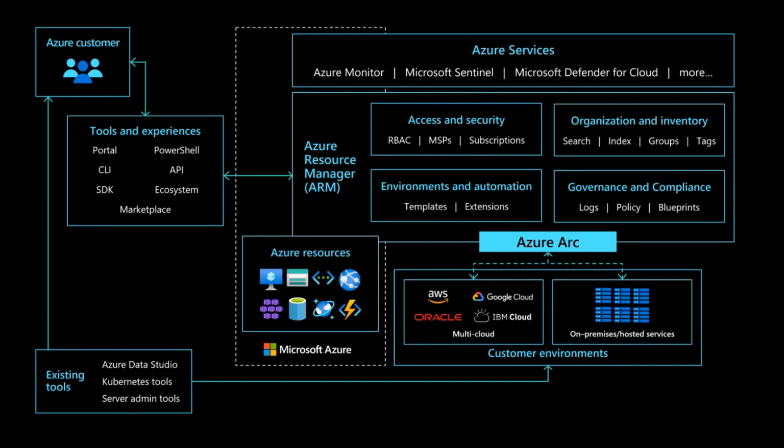And finally, as we think about the overall management and security capabilities that are provided inside of Azure, we think about how we govern and check for internal compliance against all of our resources. So using things like looking at log information, as well as how we're applying Azure Policy at scale across our environment.